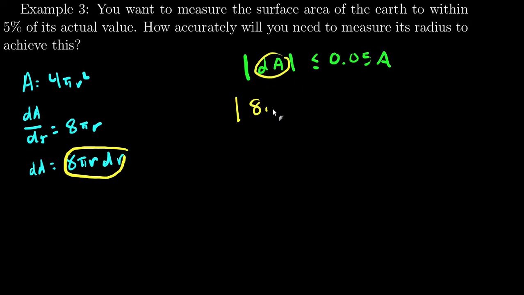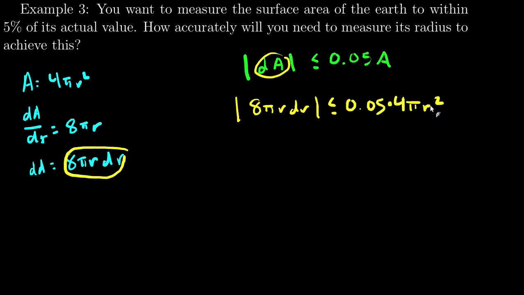So 8 pi r dr has a magnitude less than or equal to 0.05 A. And if I leave this as A, I'm going to try to move this 8 pi r over. A and 8 pi r are different terms. One's based on the other, but they're different terms. So instead of having this A here, I'm going to bring in what A equals, which is 4 pi r squared.